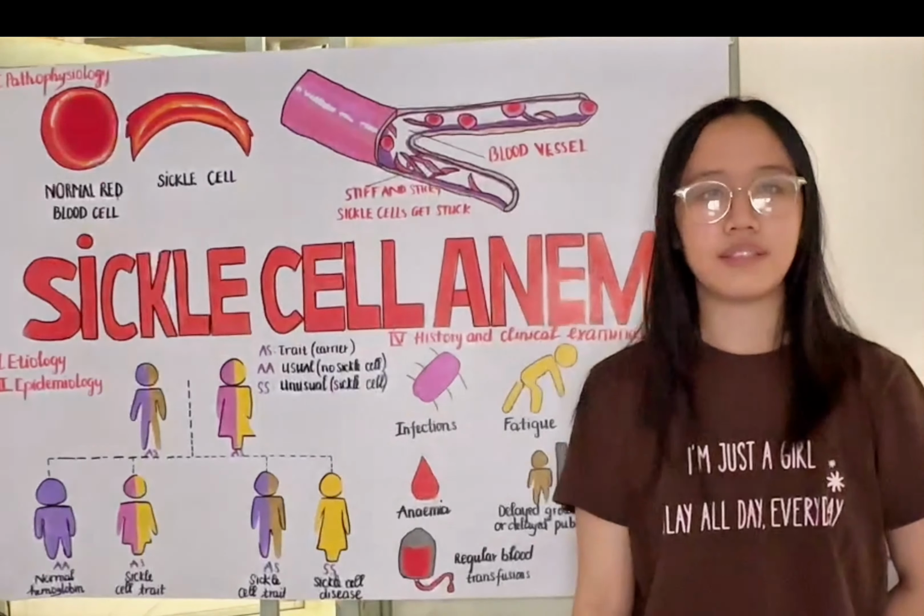Today I talk about the etiology of sickle cell disease. People with sickle cell disease inherit two hemoglobin gene variants, one from each parent.